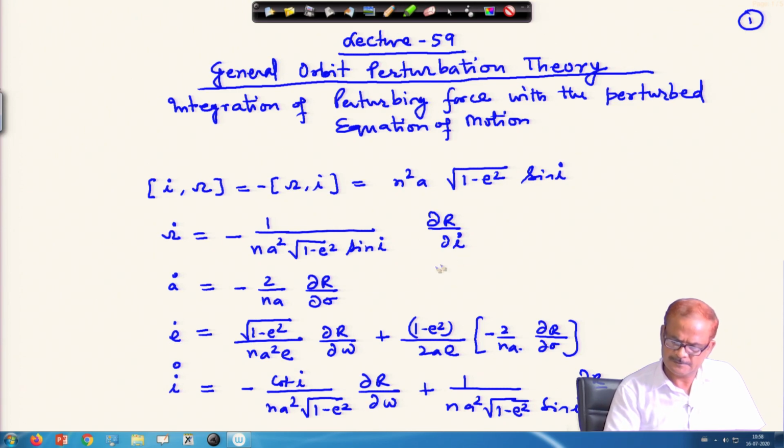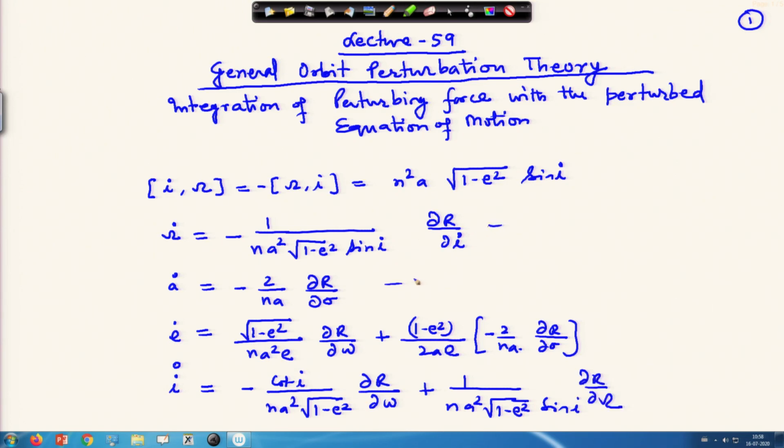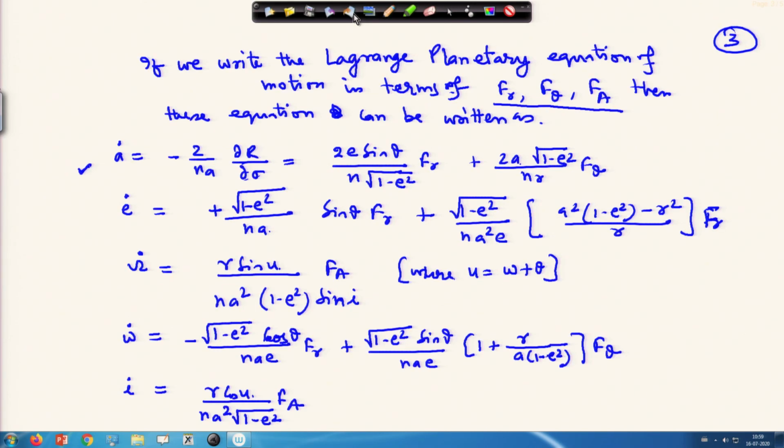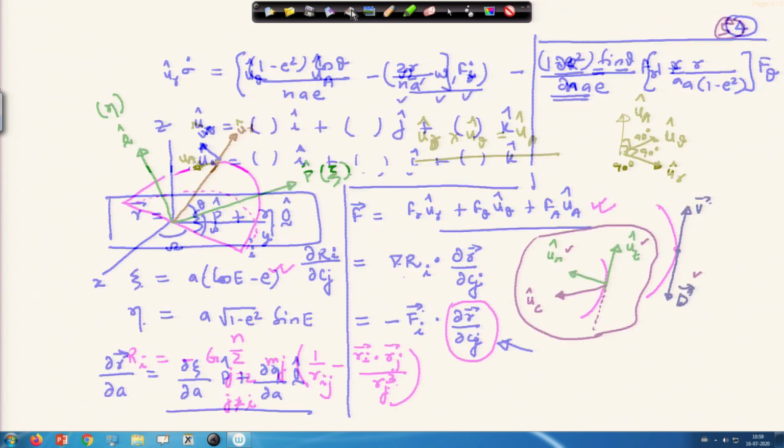Here in this place it is not there, here it is not there, here also not, here also not. So ∂r/∂a is present here in this place, so we need to insert it here. Okay.